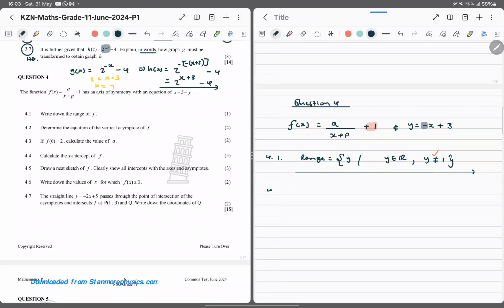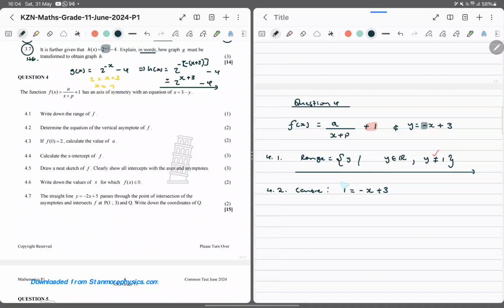Alright, so 4.2. We need to determine the equation of the vertical asymptote. Just 2 marks. Well, we know that the center of this graph is such that 1 is equal to minus x plus 3, isn't it?